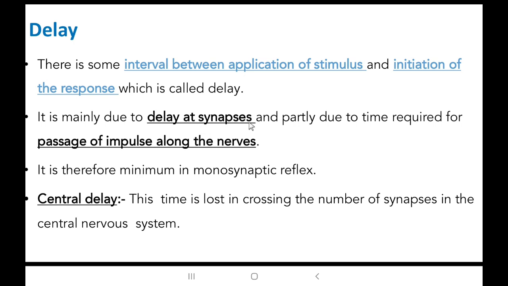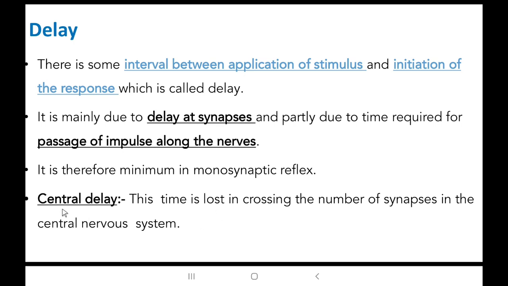If the number of synapses is more, the delay will be more. If the number of synapses is less, accordingly the delay time will be less. Therefore it is minimum in monosynaptic reflexes, and the length of delay depends upon the number of synapses involved in the arc.